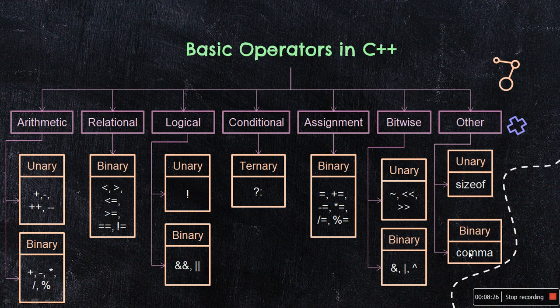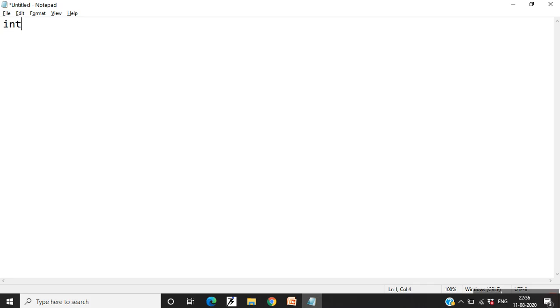Then you have a comma operator, which is a binary operator, which is used in this way. Suppose you have declared int I equal to, suppose, 2 comma 8, then what will happen is it will assign the left value first to I, but discard that value, and then will assign the right side value to I and will return that value.